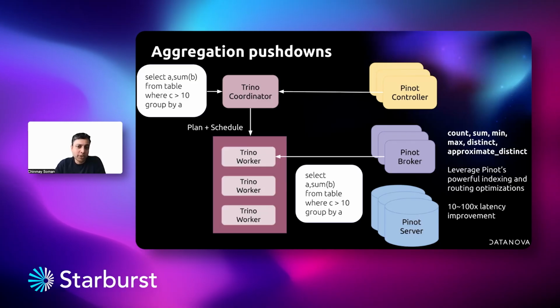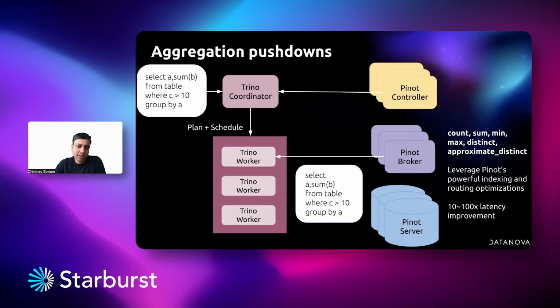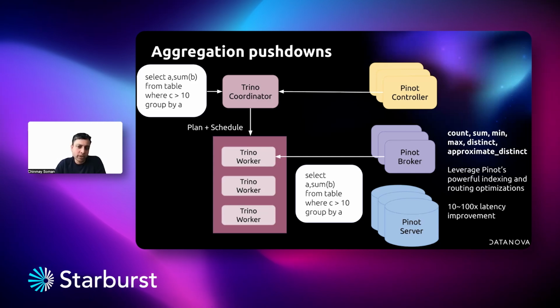So, for example, given the segment list, the Pinot broker can automatically prune some of the segments that are not relevant to the query processing. And at a server level, it can utilize any of the indexes that we mentioned before. So all of this can actually give you anywhere between 10 to 100x latency improvement as compared to a regular Trino query where we are scanning all the data.